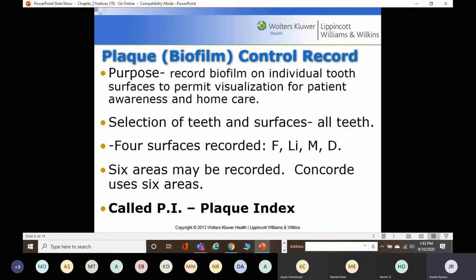Concord uses 6 areas. There are some indices that use 4 areas on the tooth and not all 6. We call it a PI for short, which means plaque index. So in your notes, you will see PI percentage, which means their plaque index.